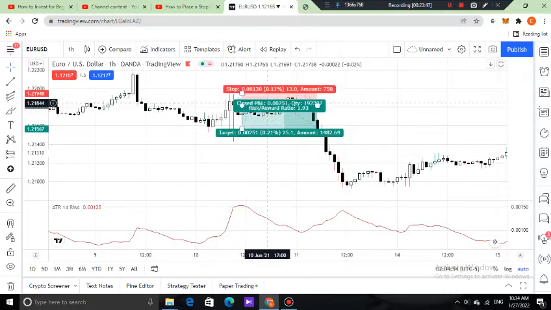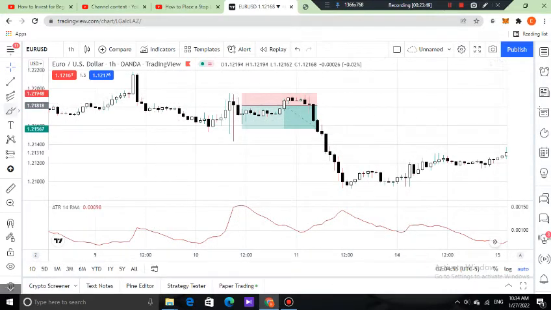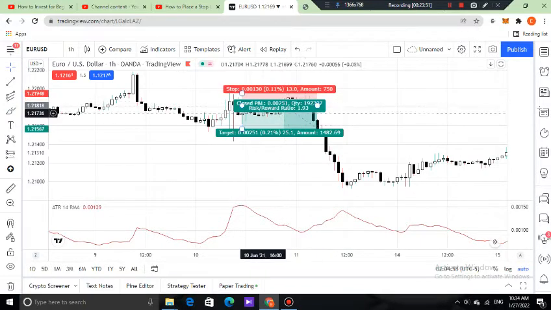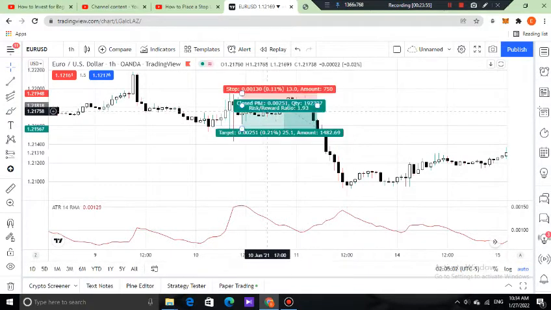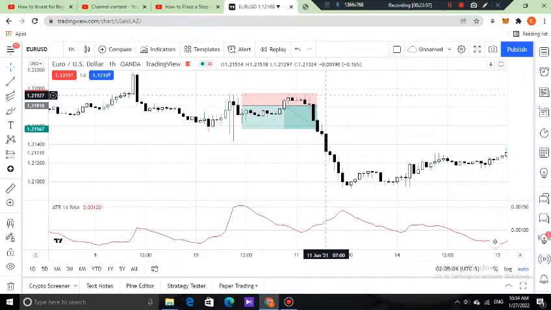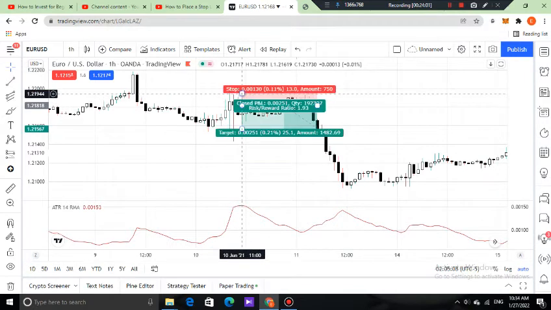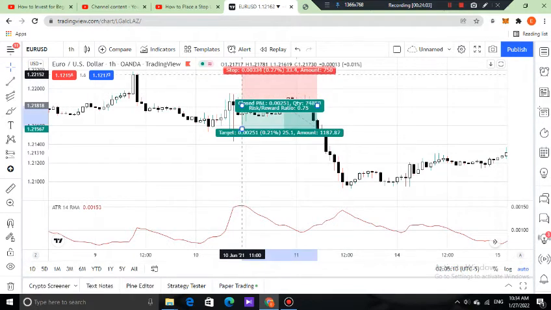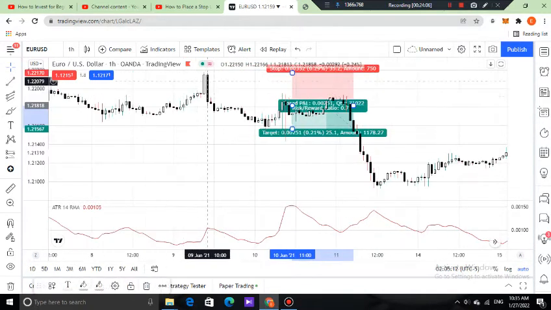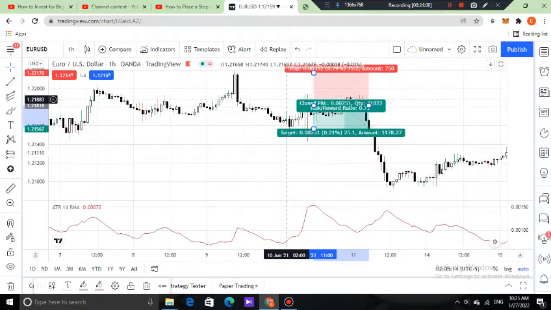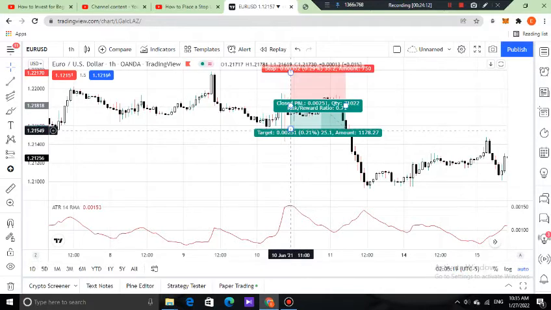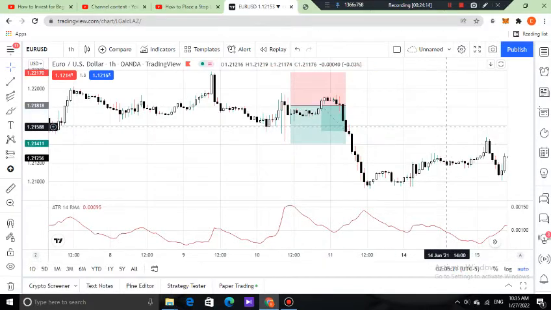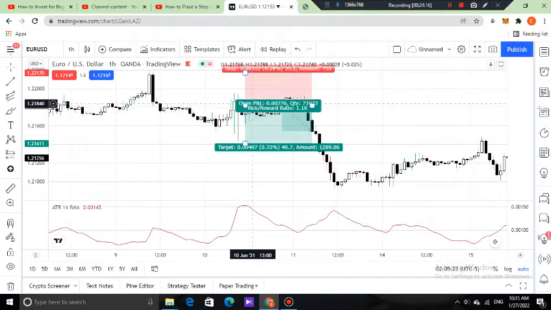This is a small risk, small stop, and after this, when this pullback happens, you stop out of the position. But if you put your stop above this breakout candle, you won't stop out. You're still in the position, and you eventually take profit.